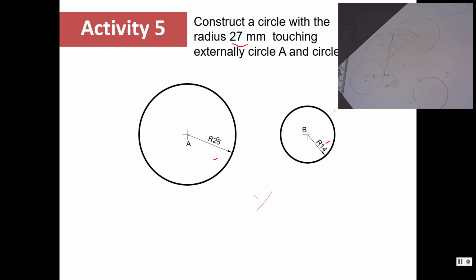The second step is to draw from point B, which is 14 plus 27, so that at the end you're going to get O as the center point. Then from this center point you can draw a circle of 27 mm that is going to touch the A circle and the B circle.